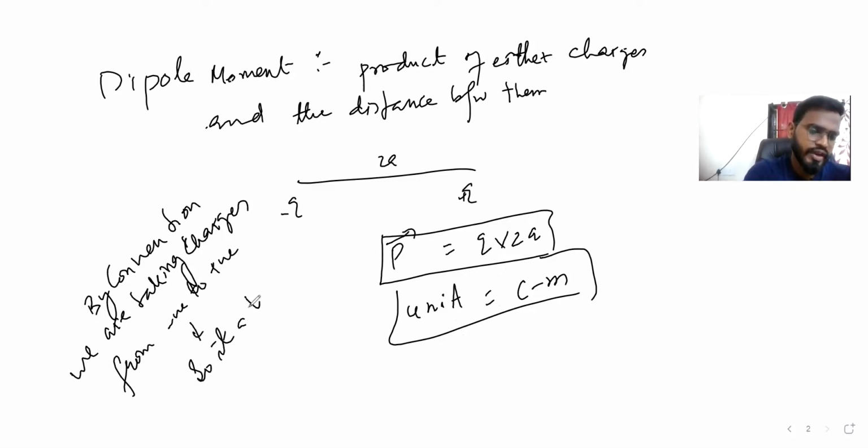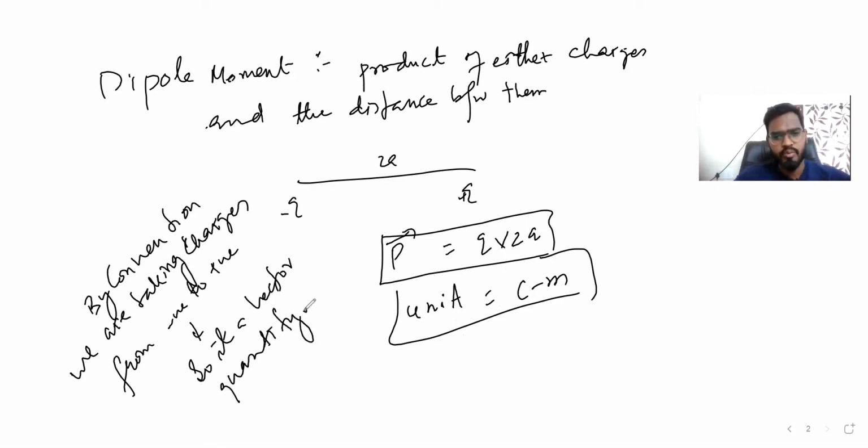Now we understood what dipole moment is properly. We denote it by P. Product of either charge and the distance between them is known as dipole moment. P is equal to q into 2a. Unit is coulomb meter. By convention, the direction of the dipole is from negative to positive. So it is obviously a vector quantity. Fine. Till here, hopefully everybody got it.